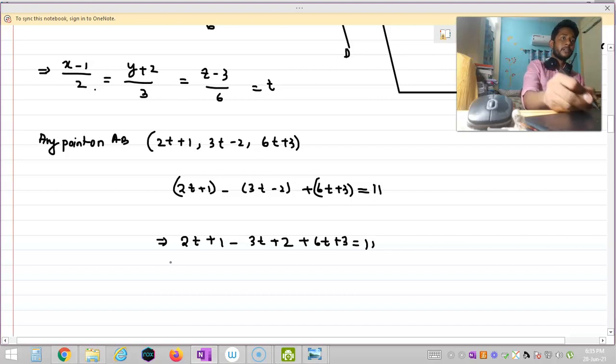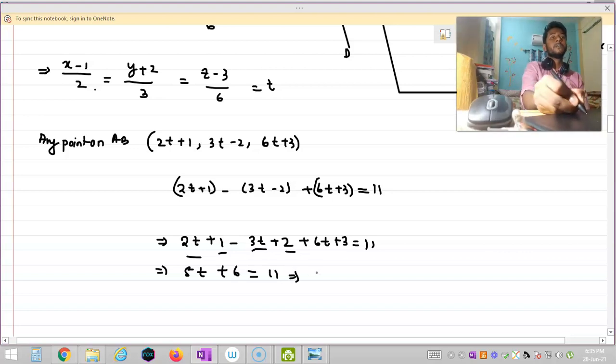In simplifying, 2t minus 3t, that is minus t, plus 6t is equal to 5t. And 1 plus 2 plus 3 is equal to 6, so 5t plus 6 is equal to 11. Hence 5t is equal to 5, then the value of t is equal to 1.